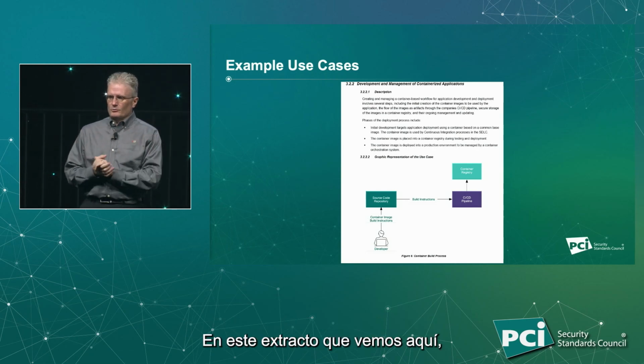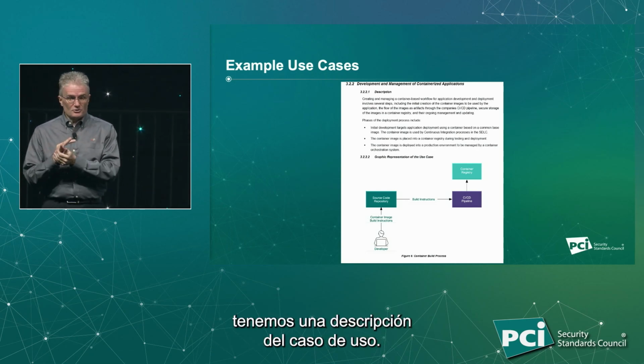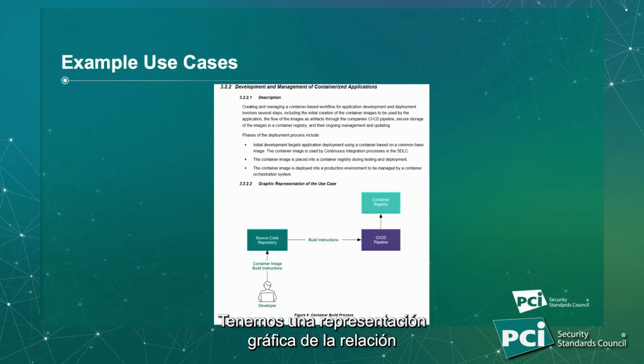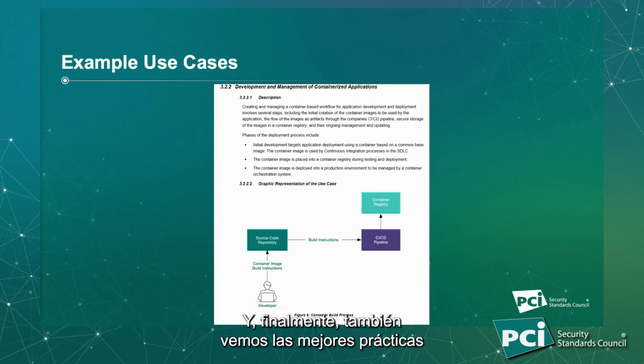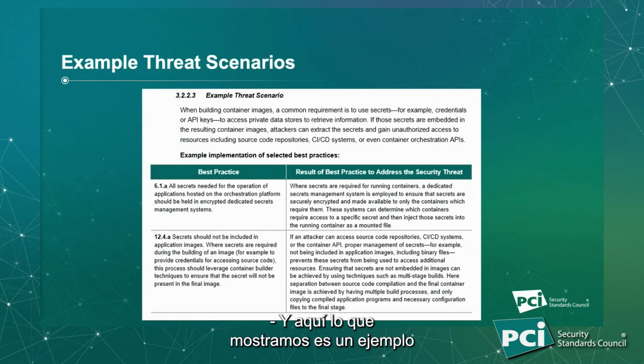In this excerpt that we see here, we have a description of the use case, we have a graphic representation of the relationship between the different elements in the use case, we also have an example threat scenario, and then finally we also see the best practice in order to manage the risk. And here, what we're showing is an example threat scenario provided in the document. It includes best practices to address the threats and the expected results.